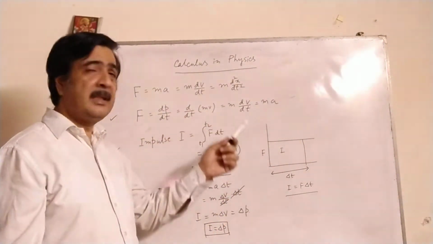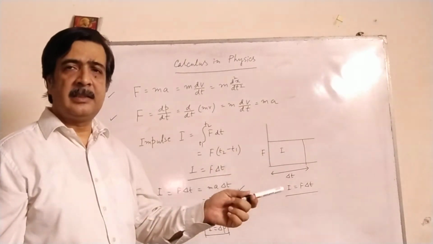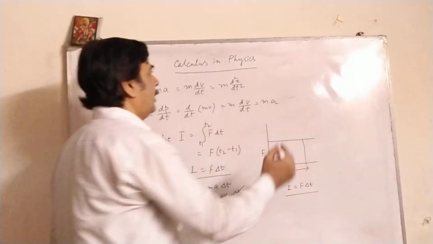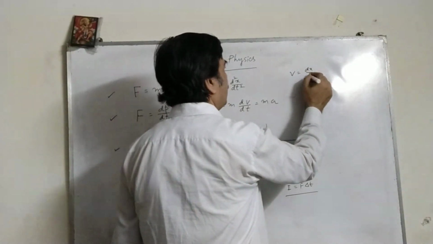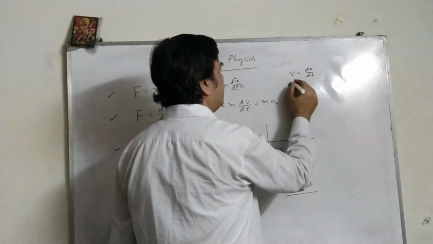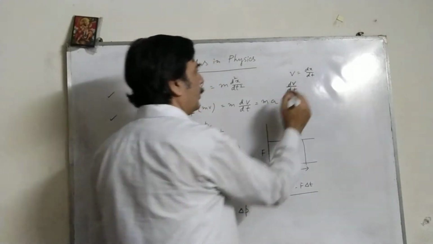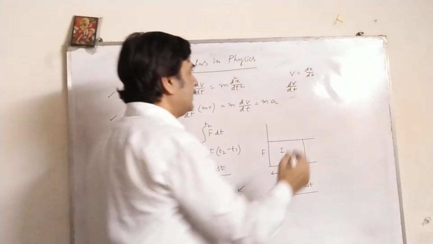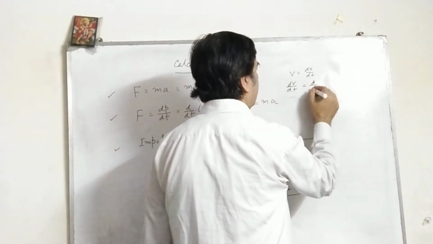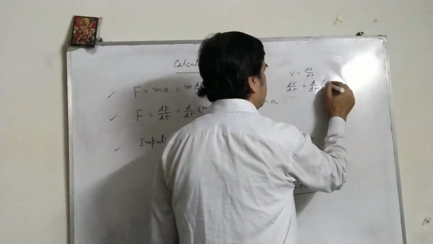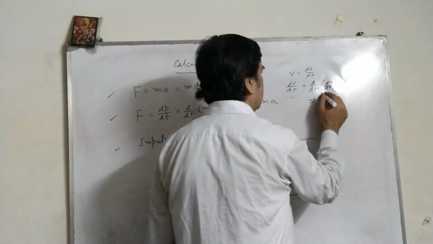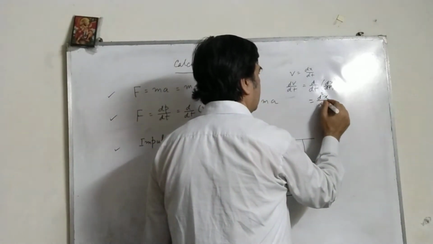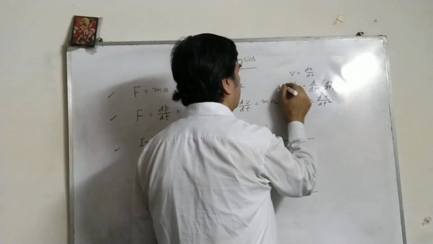Now v can be represented as dx/dt. So v is equal to dx/dt, and when we are doing dv/dt, that is d/dt of dx/dt, we can write it as d²x/dt².